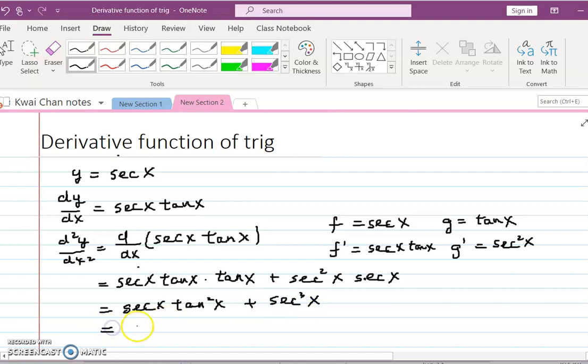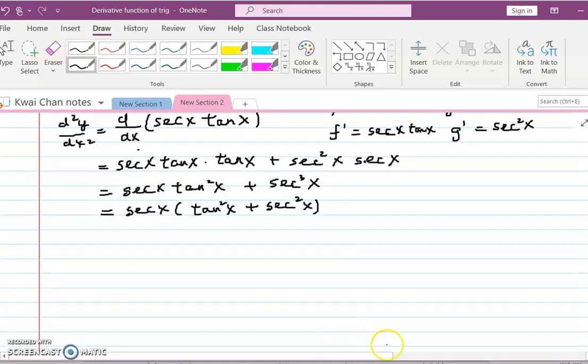If I factor secant out, because both of them have secant x, I would have secant x times tangent squared x plus secant squared x. Can I further simplify it so I only have one trig function? Still remember, notice that tangent squared x plus 1 is equal to secant squared x.